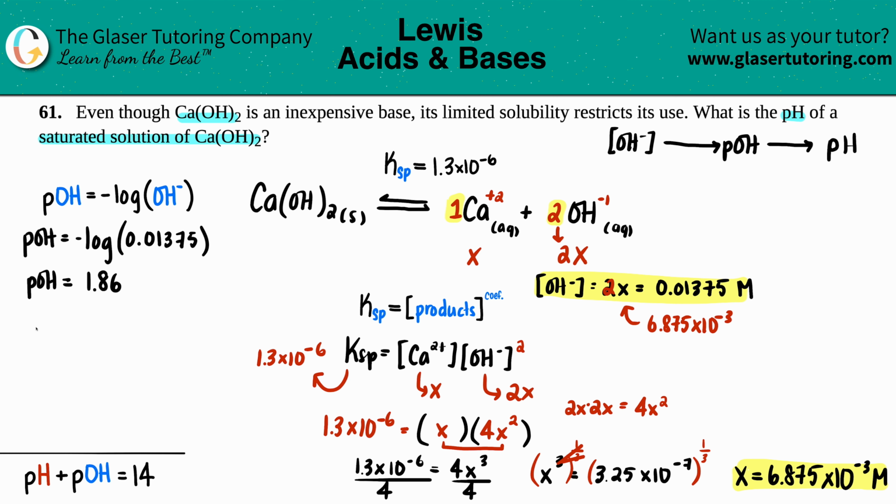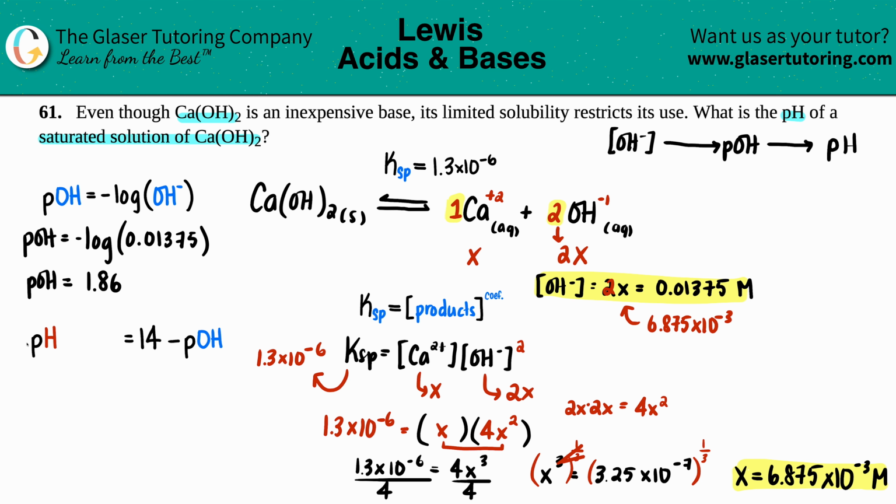So if I want to find the pH, which is now where we're at here, if I want to solve for this, all I would have to do is just minus the pOH on both sides. So if I just bring the pOH over with the minus sign, look at that.